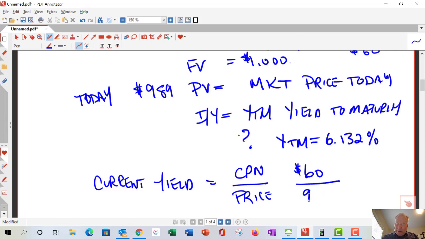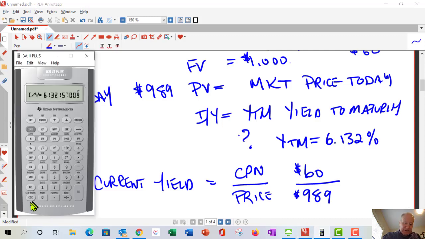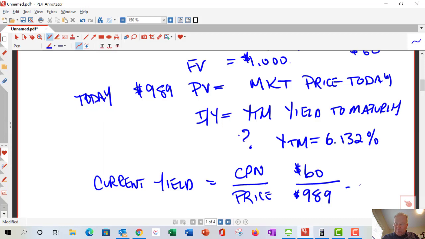The bond is selling today at $989. And so we can figure out our current yield, such as 60 divided by 989. And we get a current yield of 6.1%.